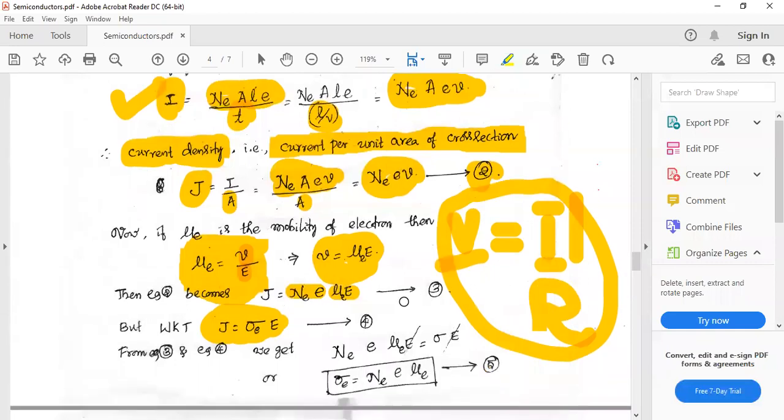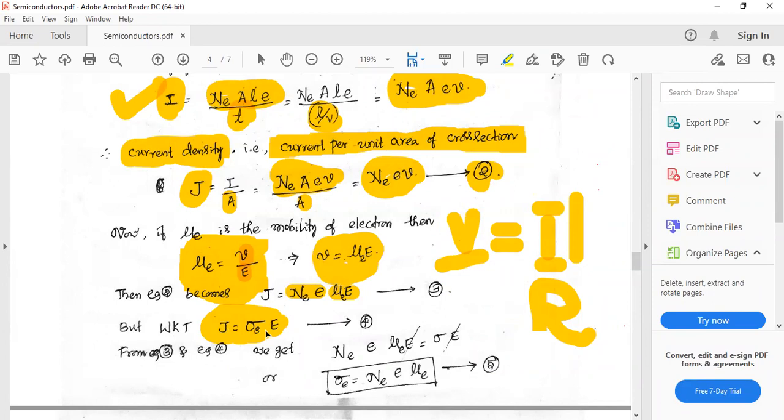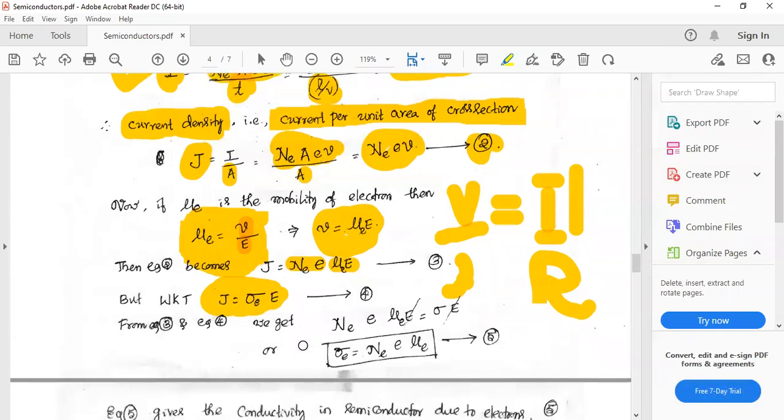Now just compare equation 3 and equation 4. If I compare J is equal to N_e e mu_e E with J is equal to sigma_e E, you will get the expression for sigma_e. I can cancel J and J on the left hand side and E on the right hand side.